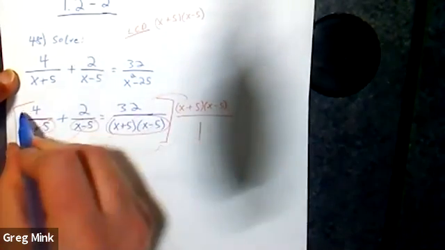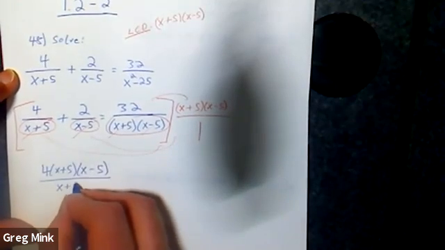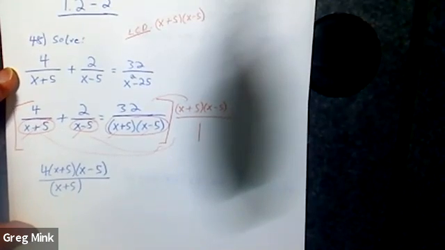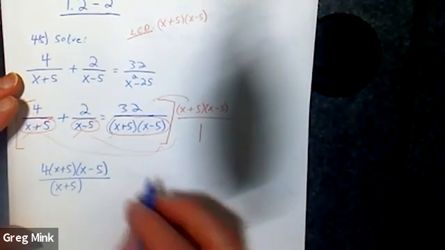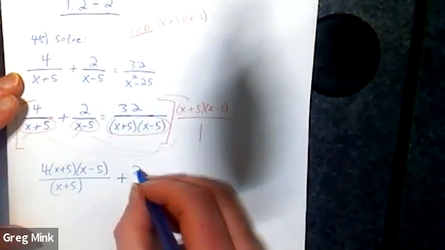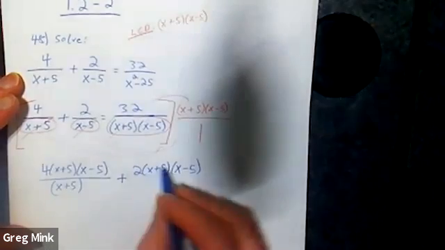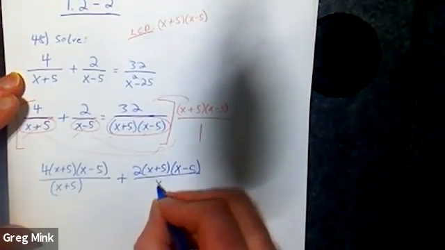Notice that's that top distribution right here, all over x plus 5 times 1. And you can probably already see sort of what's going on here. Plus 2, well, you got to distribute this again, x plus 5, x minus 5, all over x minus 5.